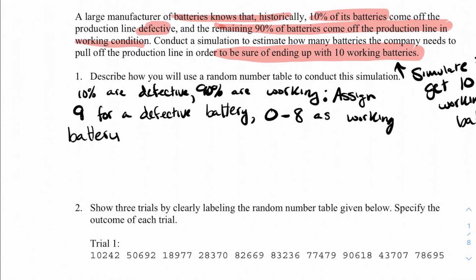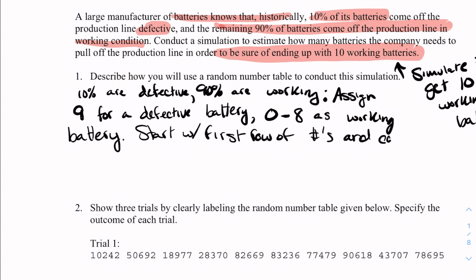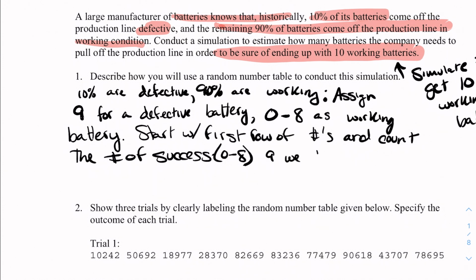We're going to start with the first row of numbers and count the number of successes, 0 through 8. 9 we throw away. Stop when 10 working batteries are collected.